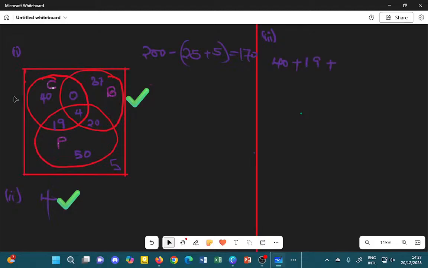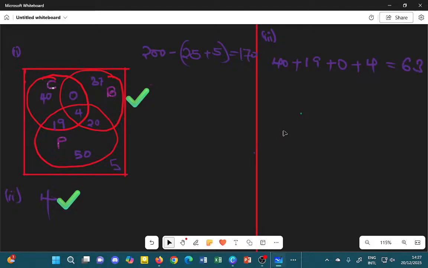And then those who like color and brand only. Color and brand only, we find that there's 0. There is nobody. And then all the 3, the number that like all the 3, which is 4. The sum here, if you add them, you get 63.